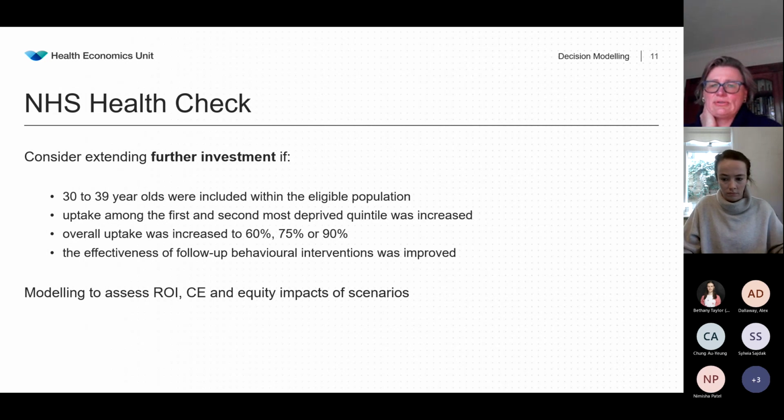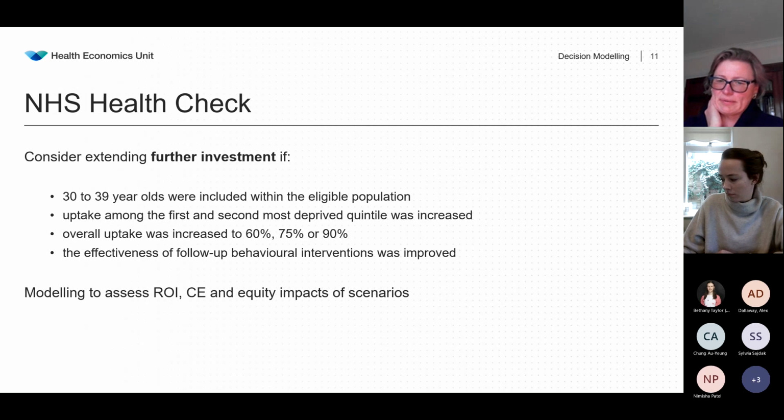The idea is to support individuals to make behaviour changes and, where appropriate, access clinical help to help prevent the risks of various diseases.